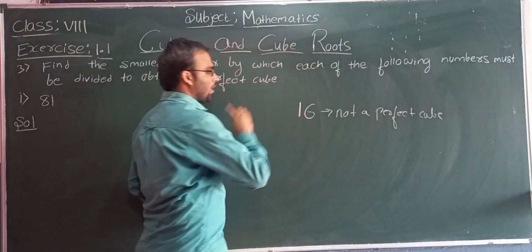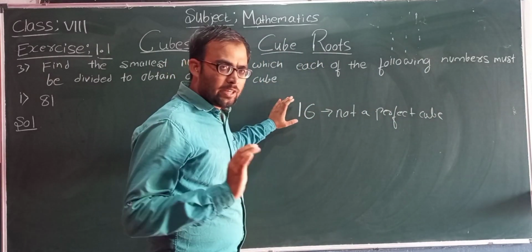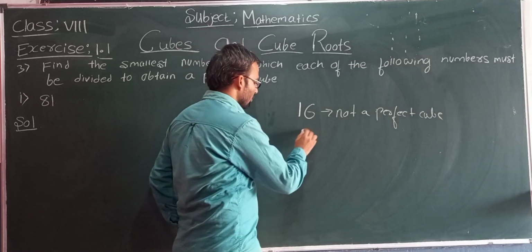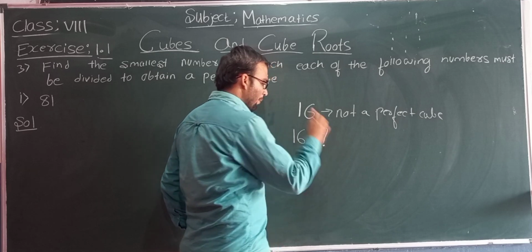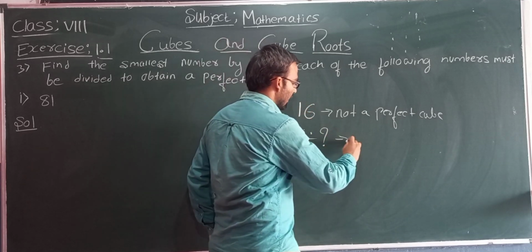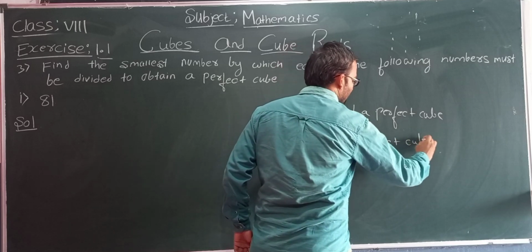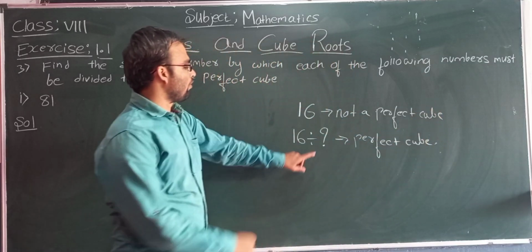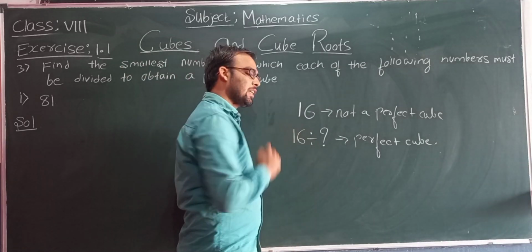It is not a perfect cube, but when we divide this 16 by a particular number, then it will become a perfect cube. Then what is that number?